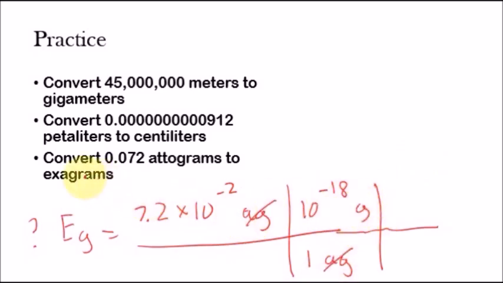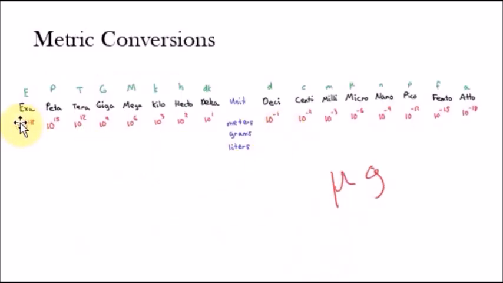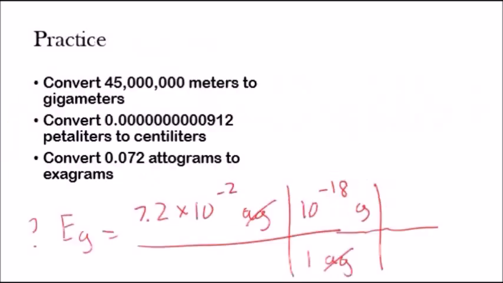We can convert from grams to exagrams. So we know from here that 10 to the 18th grams equals 1 exagram. So you can put that here. Alright? And as we see here, grams cancels with grams. That's why this has to be at the bottom.